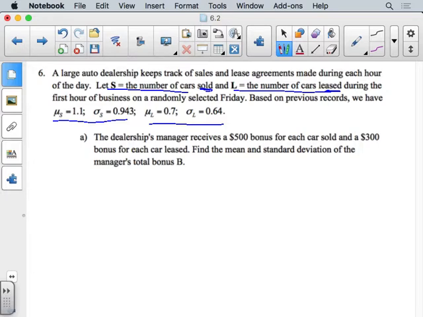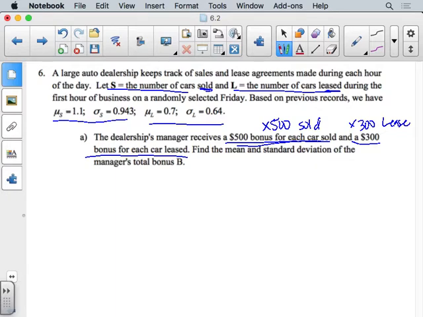Alright, part A, which is actually just the question we're doing. The dealership manager receives a $500 bonus for each car sold. So what that means is we get to multiply by 500 for each car sold, and a $300 bonus for each car leased, so times 300 for each car.